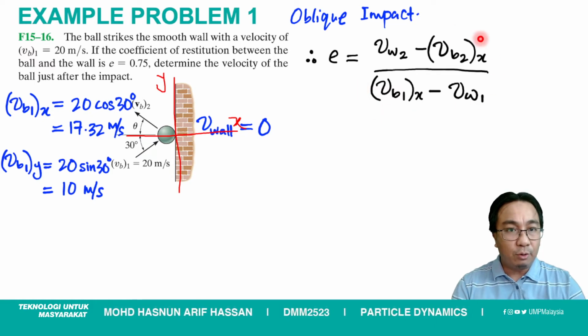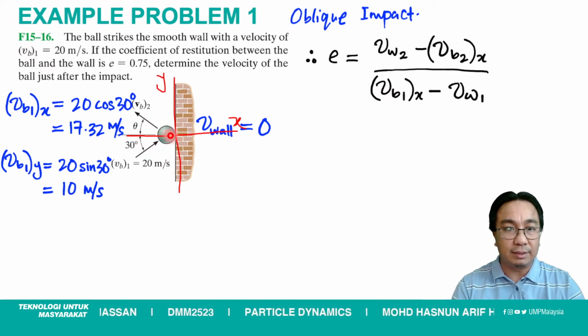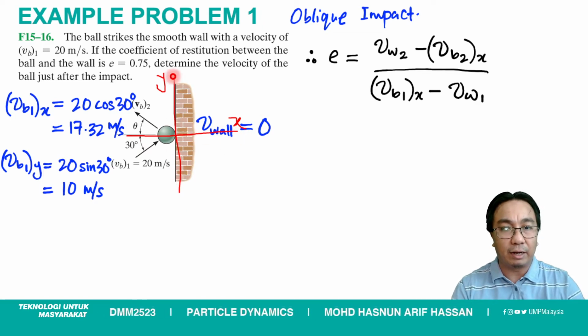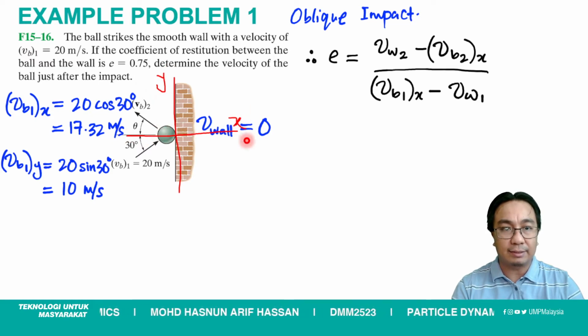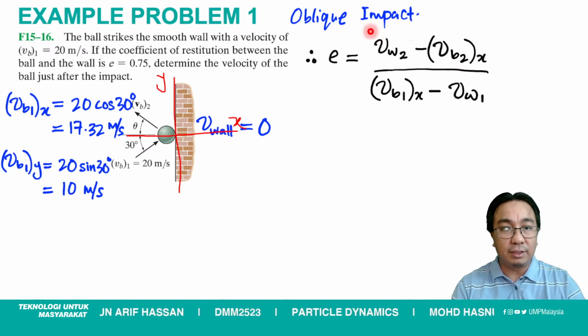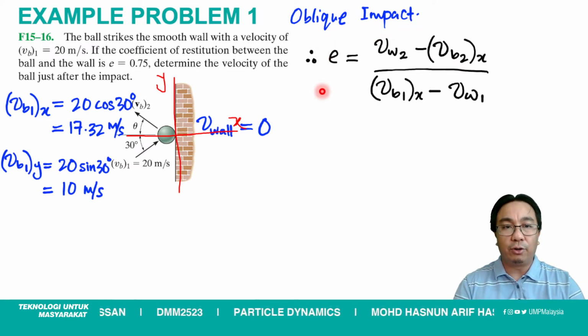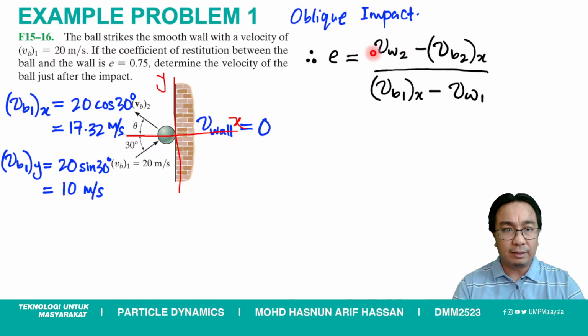Remember, now when we have oblique impact problem and we have established the coordinate system like this, where the plane of contact is y-axis and the line of impact is x-axis, then we're gonna use the coefficient of restitution only for x-axis. So the wall here doesn't matter because it never moves.